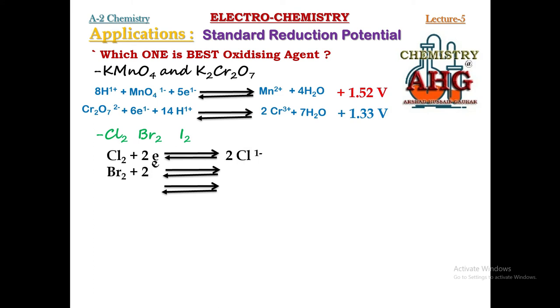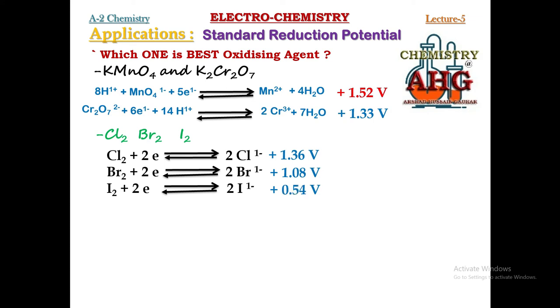These are the half equations for the half cells of chlorine, bromine, iodine, and the standard reduction potential of the chlorine half cell is plus 1.36, bromine plus 1.08, iodine plus 0.54.